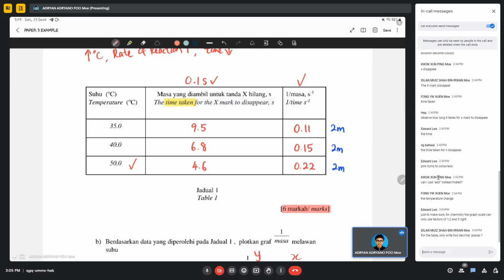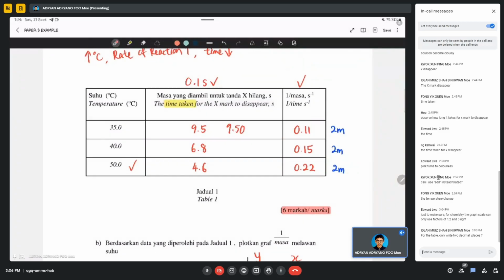Example like here, time taken, what do I use to measure? I use stopwatch. So in stopwatch, the smallest interval is 0.1 second. So meaning that my answer must have 1 decimal place only. You cannot write 9.50. Why? Because my stopwatch cannot measure 0.01 second, it can only measure to 0.1 second.